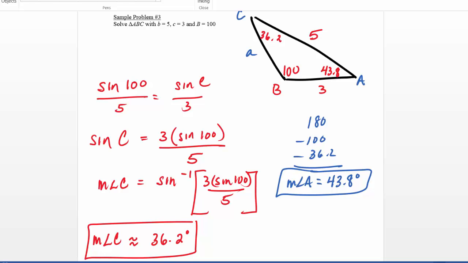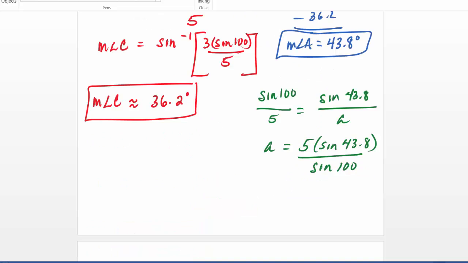now I have an opportunity to get side A now that I have sine A. And again, I'm going to use my completed ratio that I had previously. Okay, so I've set up the law of sines again with my original completed ratio.